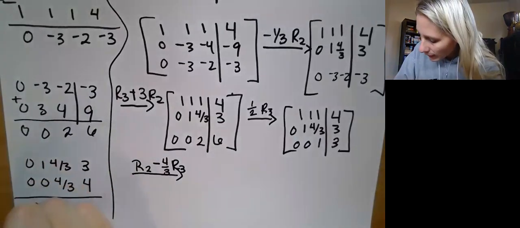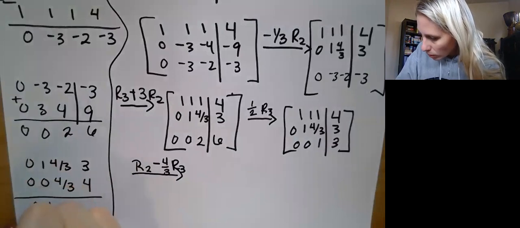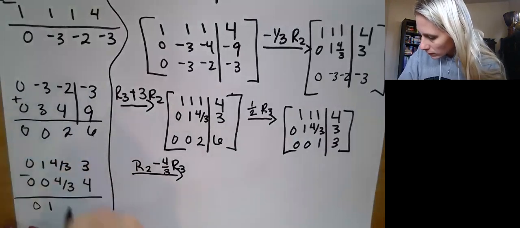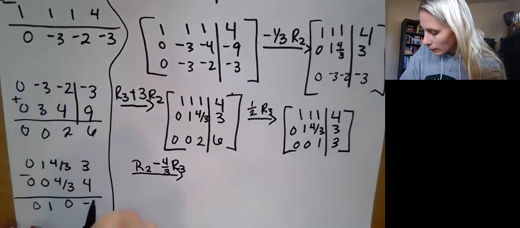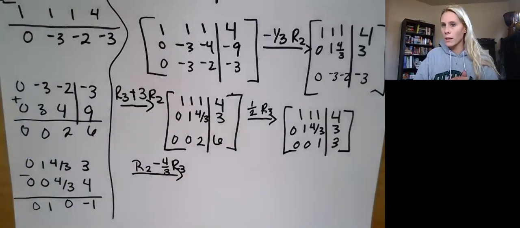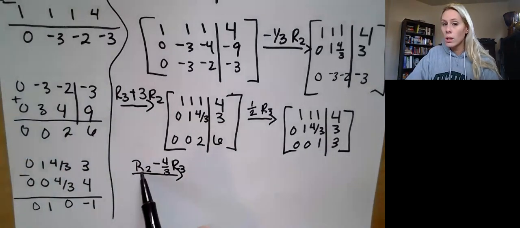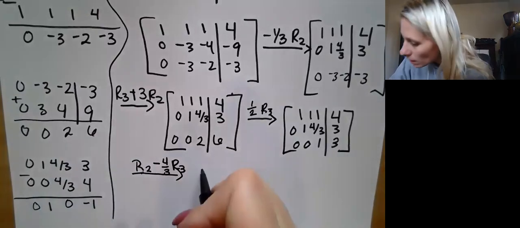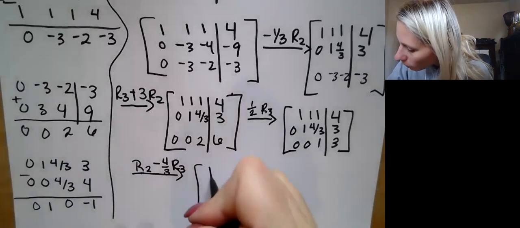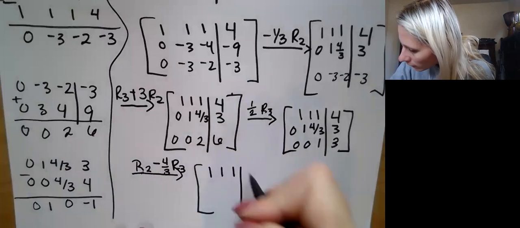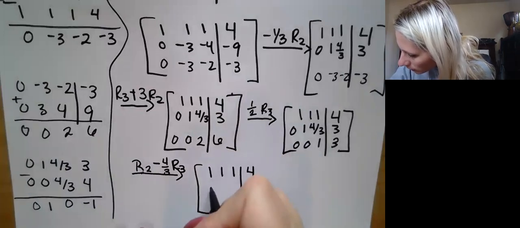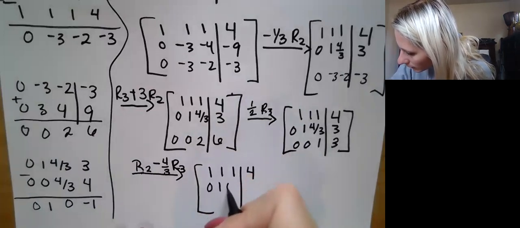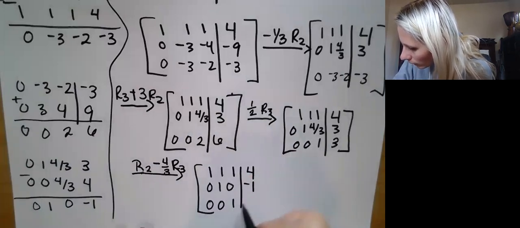So you get 0, 1, 0, -1. Now remember, what row was that? That was my new row 2. So I get 1, 1, 1, 4, 0, 1, 0, -1, 0, 0, 1, 3.